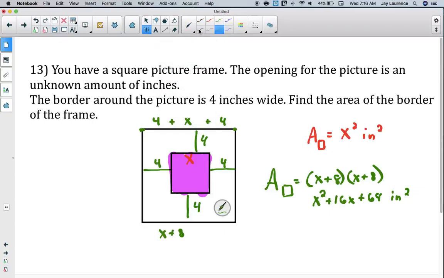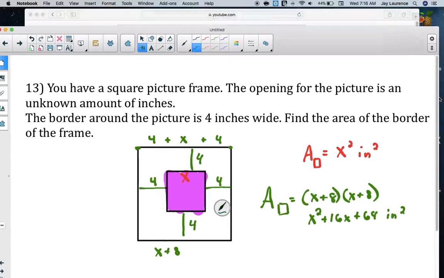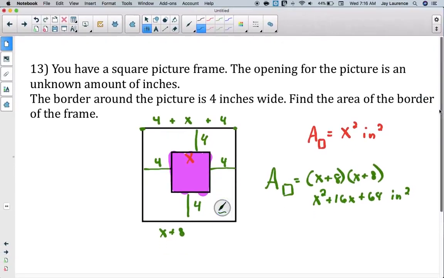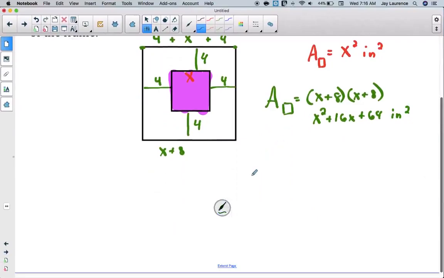Well, cutting out is like subtracting. So all I'm going to do is take the area of, I should do that in green, sorry. I should take the area of the big square, and I'm going to subtract the area of the little square.